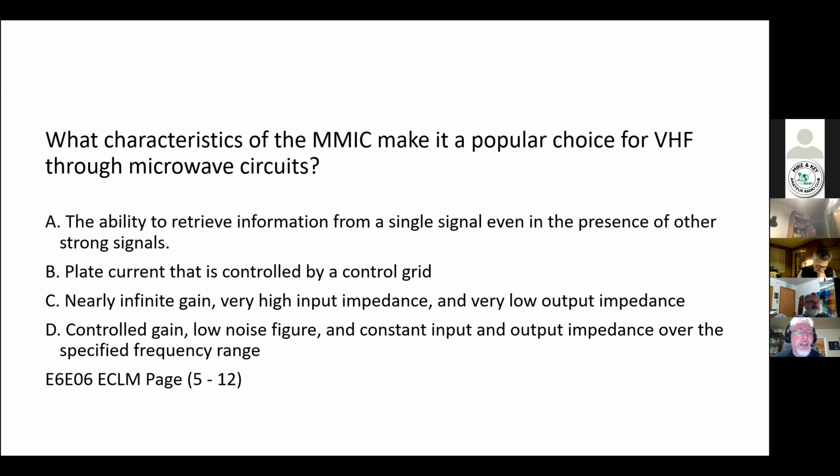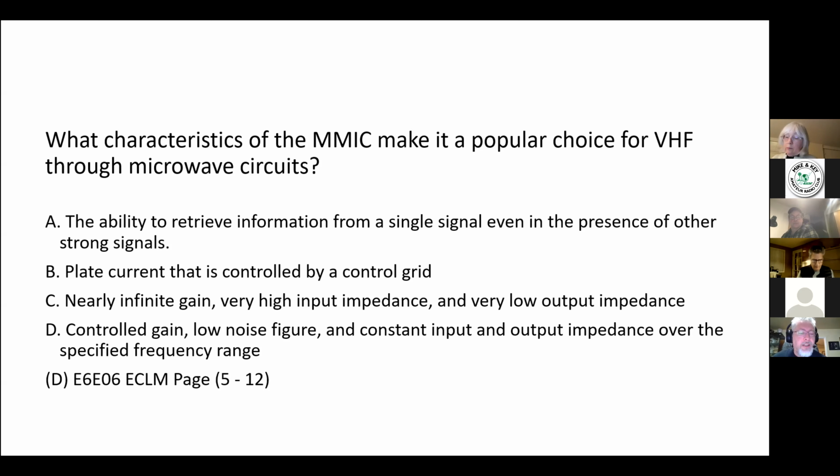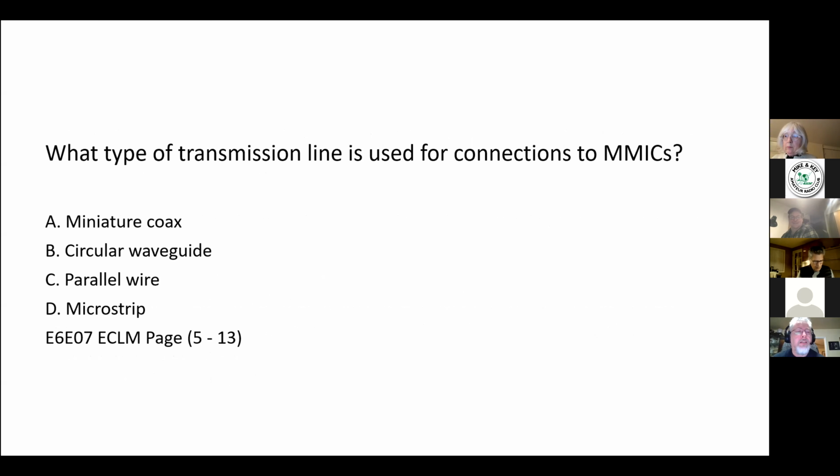C. Nearly infinite gain, very high input impedance, and very low output impedance. D. Controlled gain, low noise figure, and constant input and output impedance over the specified frequency range. Delta. Delta is correct.